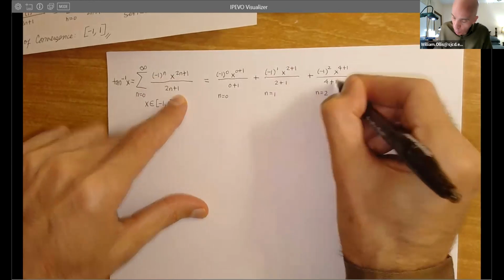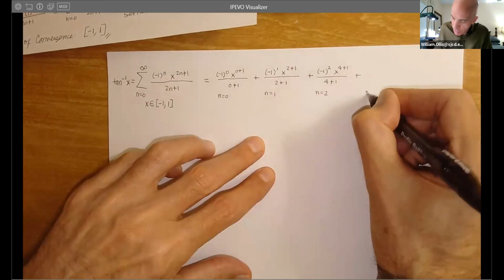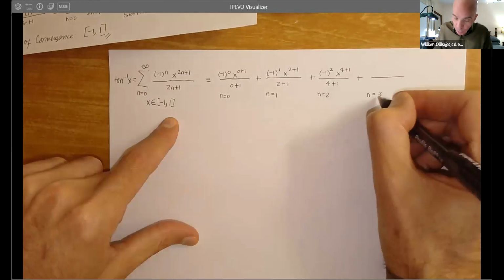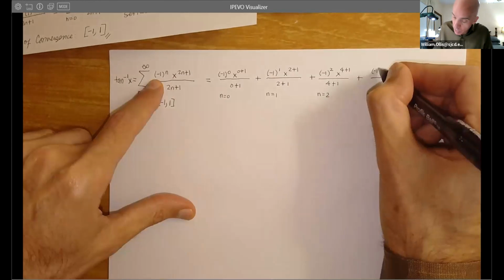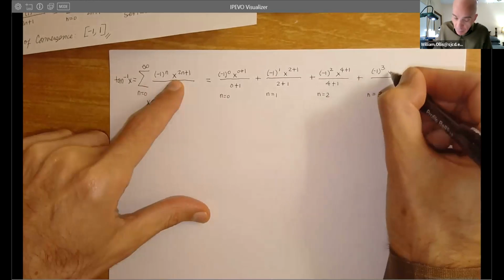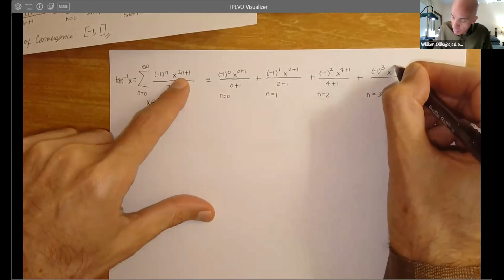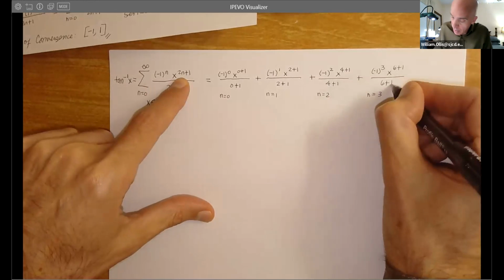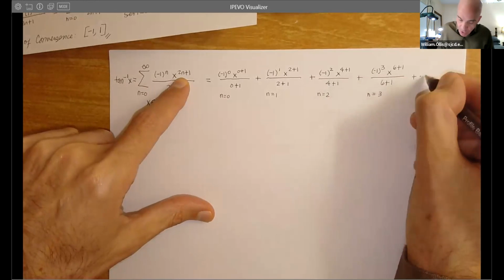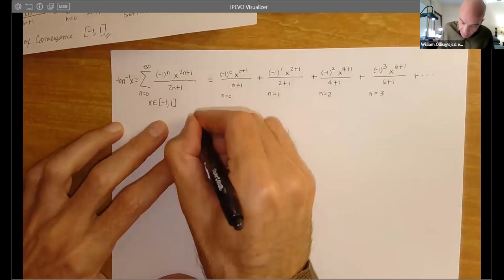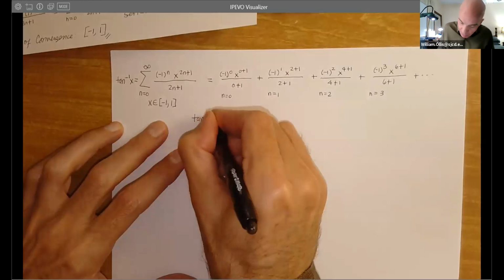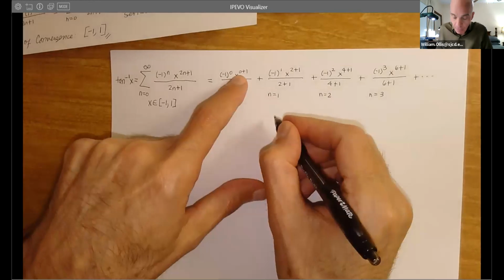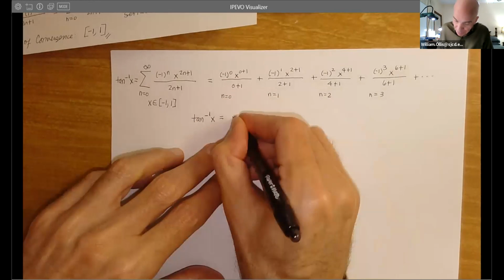Well, let's just do one more, just to see what it looks like. And then we have n equals 3, -1 to the third power, x to the 6 plus 1, 2 times 3 is 6, 6 plus 1, etc. So what we're seeing here, inverse tangent, will look like this. So now notice this will just be x divided by 1. So we get x.